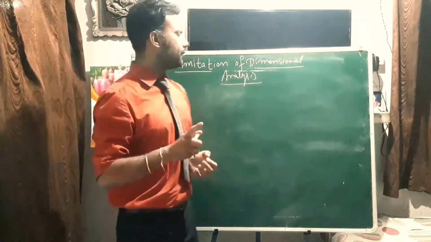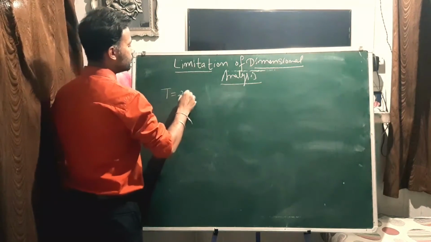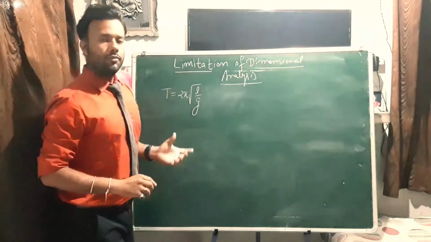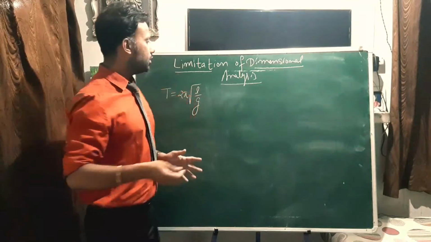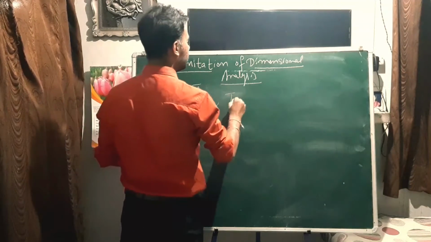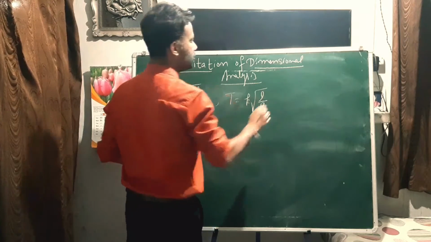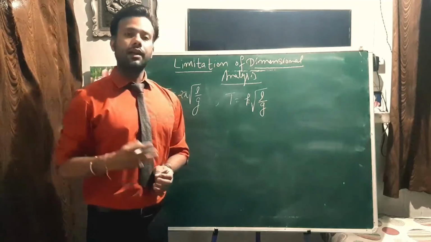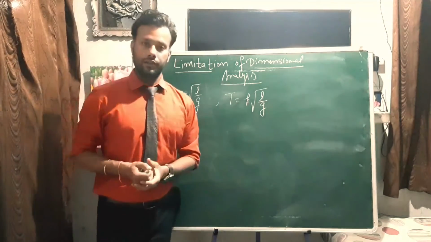Like if you remember, when we calculated the formula of T, that was 2 pi root L by G. This is the actual formula. But when we calculated through the dimensional method, the formula we got was T equals constant K root L upon G. Because we don't have any method to find the value of the constant through this method.